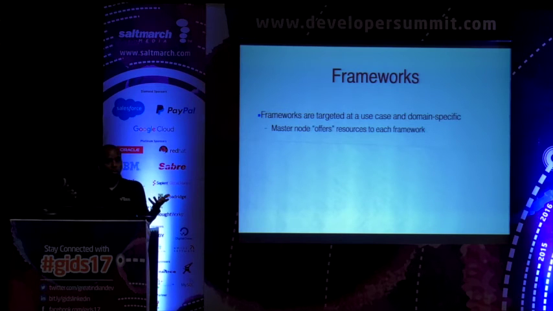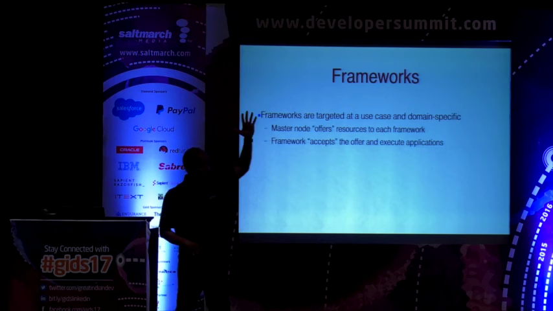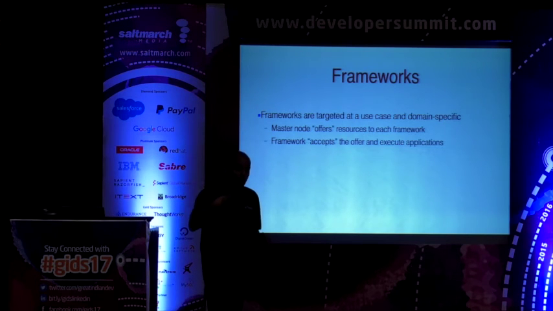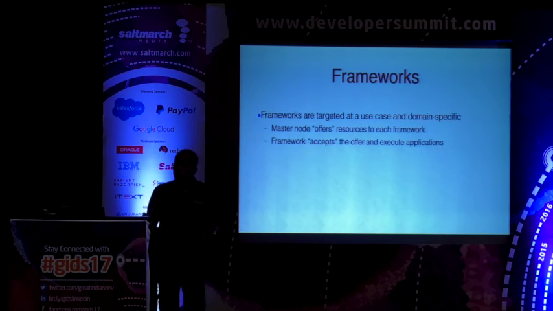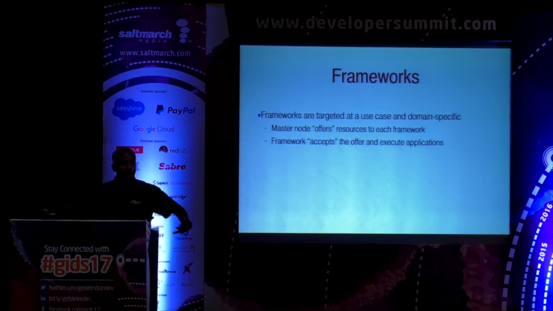I got 8 GB of memory and I got 4 CPUs. You got anything to run on that much resource? The framework accepts the offer that, yeah, I need to run 4 containers. I accept the offer, and then it passes the definition to the master, and then the master figures out where these offers are accepted, and then it dispatches it in the underlying cloud, so to say.